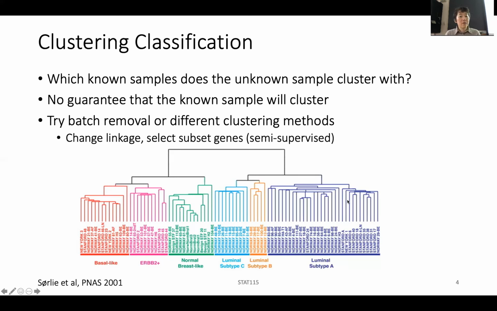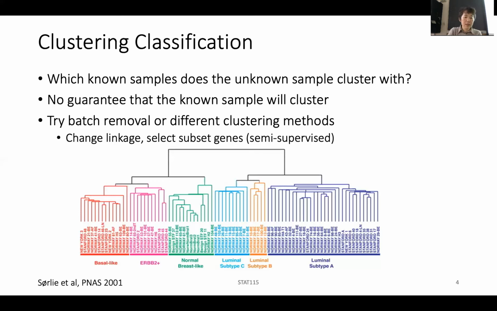And so in this case, if you have a new sample and you do the same clustering and it clusters with this group, you will know, okay, that's a Luminal A subtype of breast cancer. But if it clusters with this group, you will know that it's a basal-like breast cancer. That's kind of an easy way to do sample classification using this clustering approach.